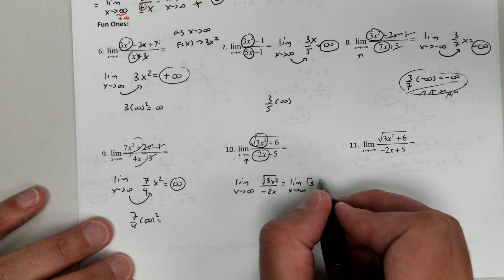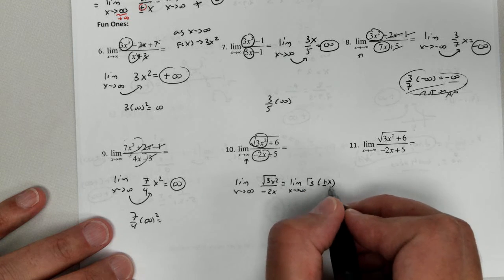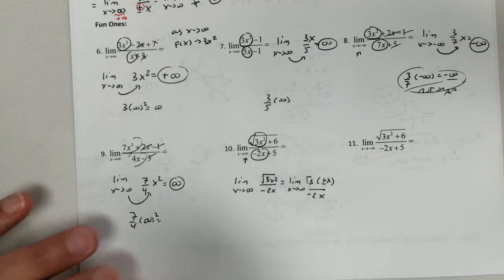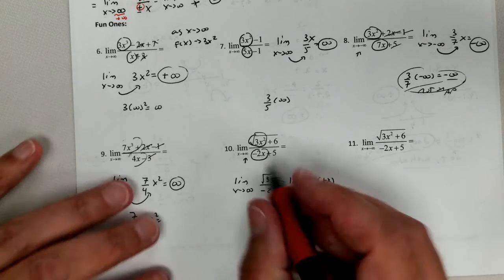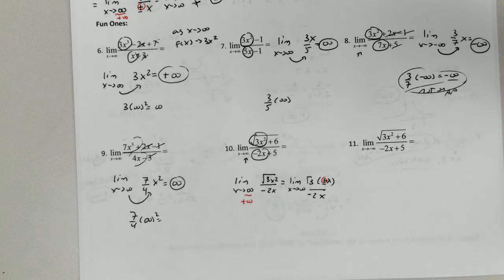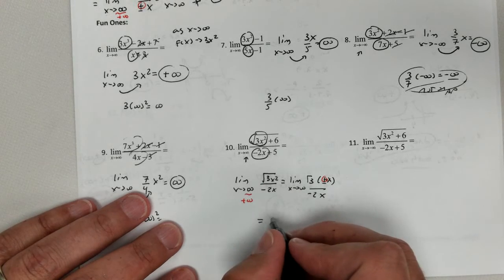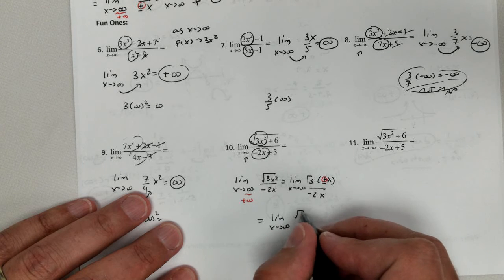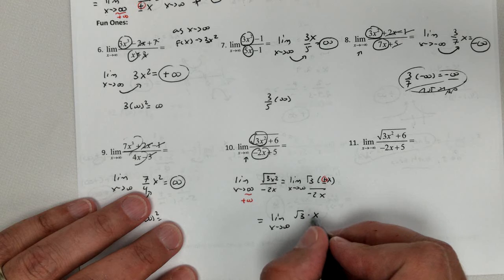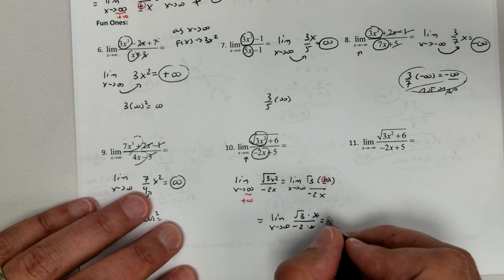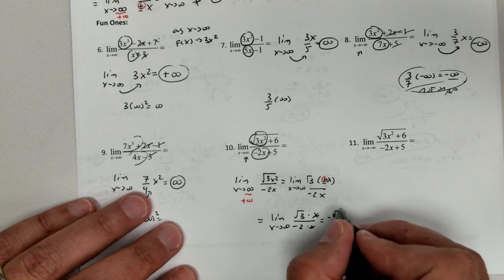The square root of 3 times plus or minus x all over negative 2x. And recall, the only one we want is the positive infinity, so we only want the positive x here. So I'm going to show another step here real quick. The limit as x goes to infinity, this becomes the square root of 3 times x over negative 2 times x, right? The x's cancel, and we get negative root 3 over 2.